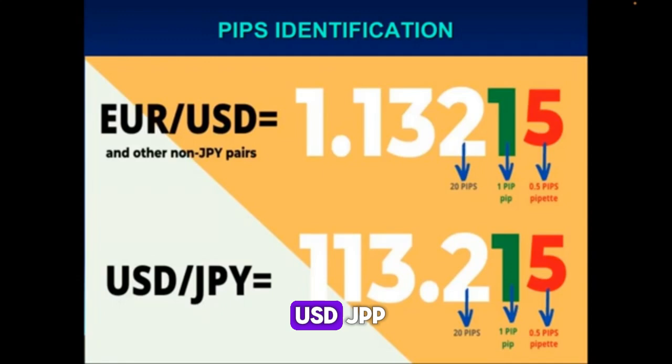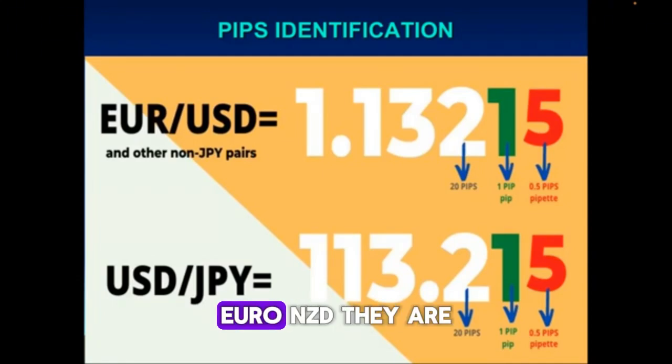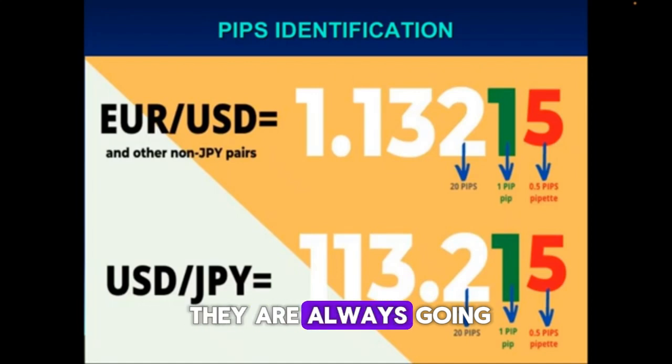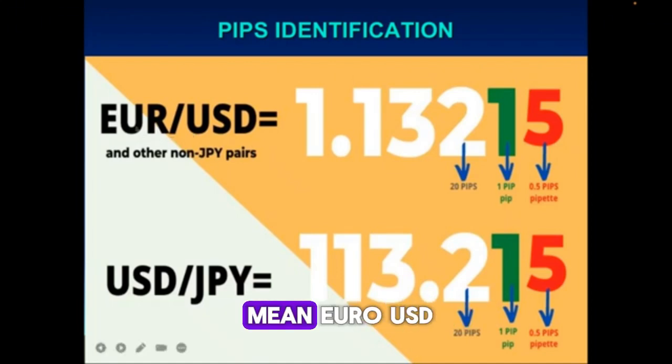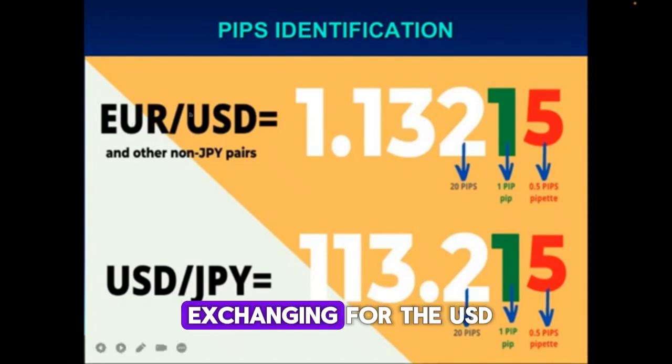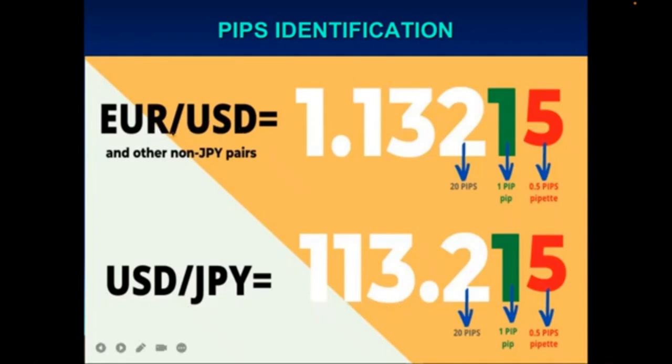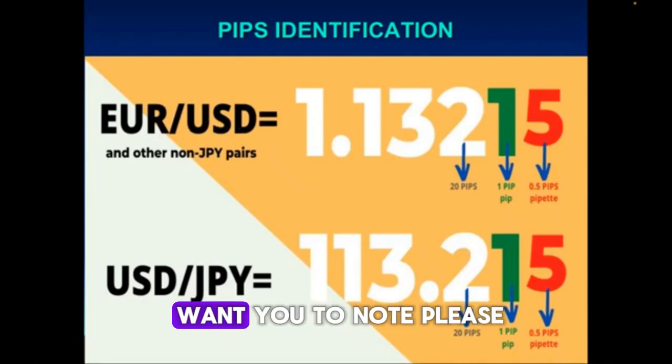Euro USD, GBP JPY, Euro NZD. They are always going in pairs. Now, what does this mean? Euro USD. If you go and check, how much is Euro exchanging for the USD? Note something. There's something that I want you to note.